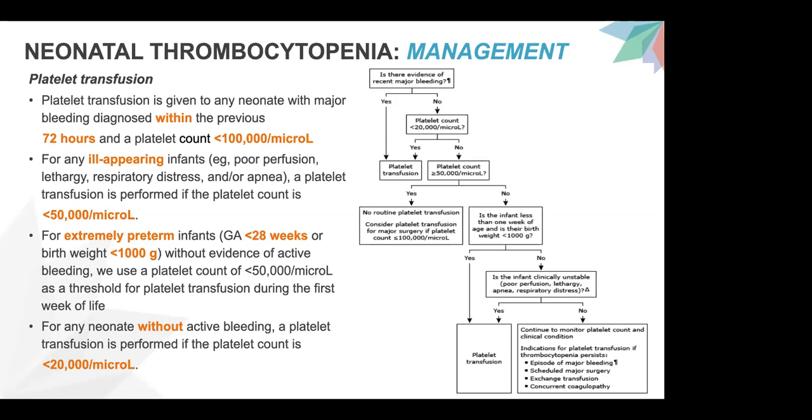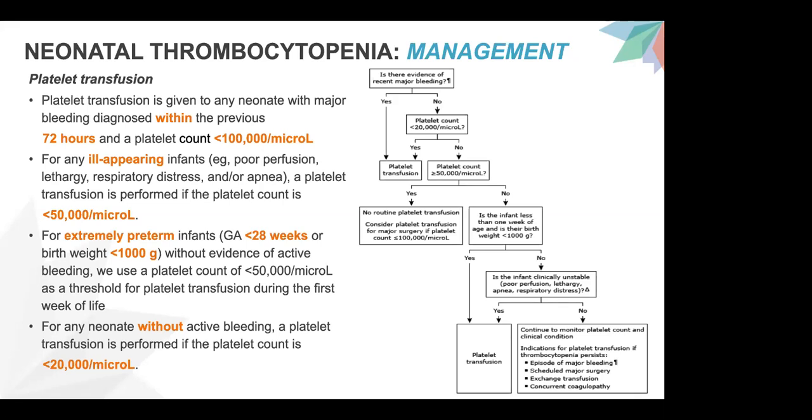Okay, so we can see in this first point, regardless of the platelet count, this one is moderate thrombocytopenia. But if the neonate presents with major bleeding, then we need to give platelet transfusion. Another thing is, in an ill-appearing infant who also has severe thrombocytopenia, we also need to give platelet transfusion.